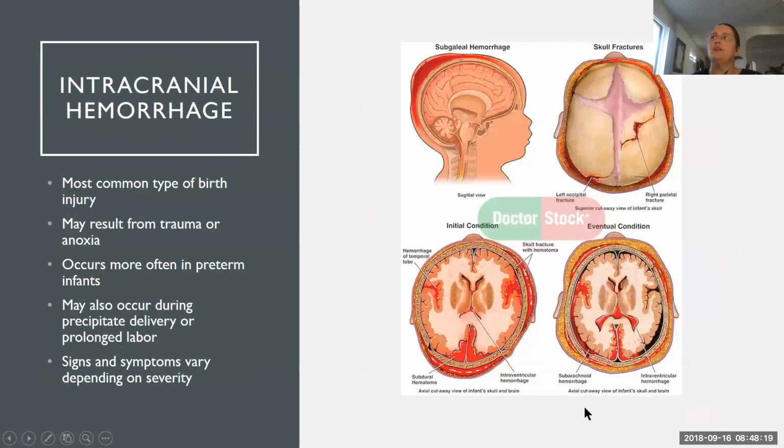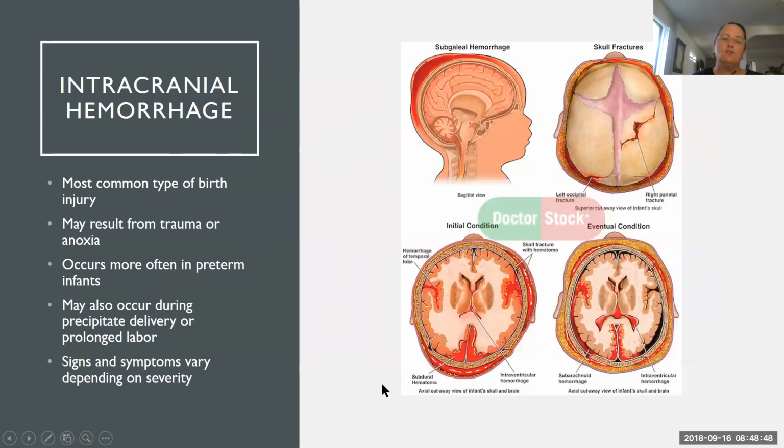Intracranial hemorrhage is another issue that we might see with our babies, especially our preterm babies. If they've had difficult deliveries, there might be skull fractures. They might develop cephalohematoma up on the head, or even bleeding in the brain. This is one of our biggest problems with our preterm babies, is bleeding within the brain, which can cause long-term deficits.